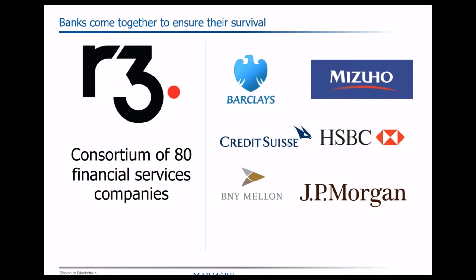So other than the R3 consortium, there are also other banks that are working on their own prototypes using blockchain technology. For example, IBM is working with India's SBI Securities on a bond trading system based on blockchain.